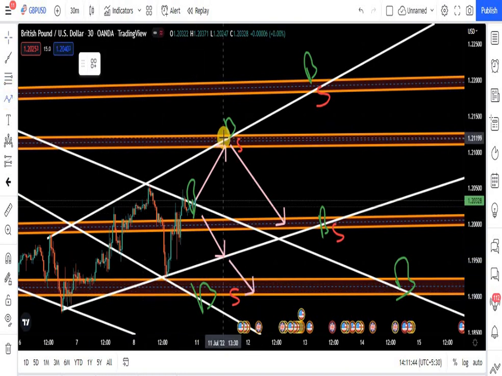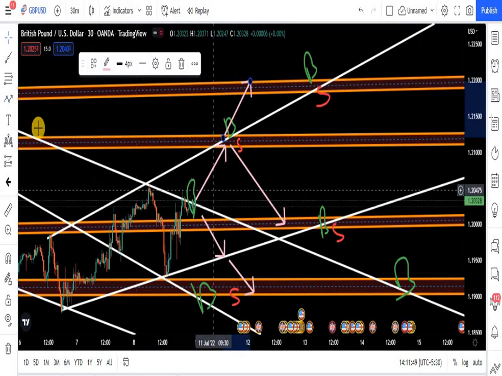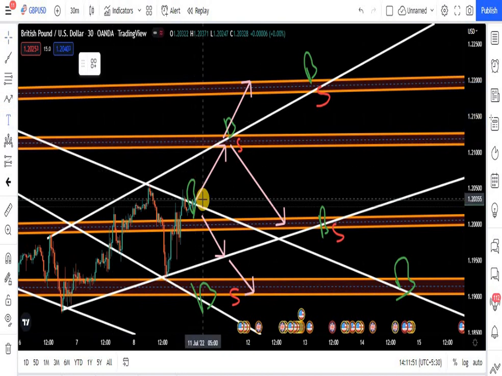In this type of situation you always go for levels, you need to draw the levels. Now we go for buying and selling.